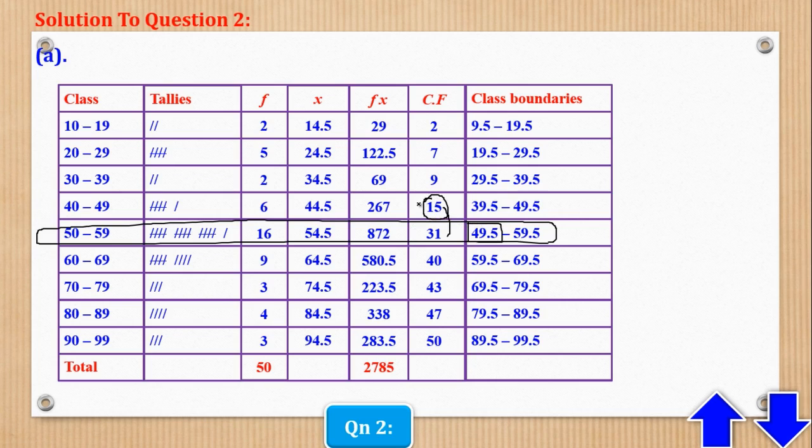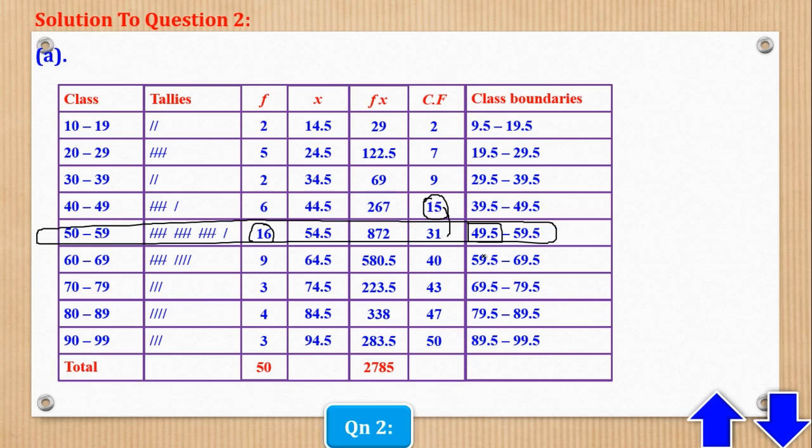Then we shall go to the frequency of the median class, which is 16, and then to the class width, which is the difference between the two class boundaries, 59.5 minus 49.5, to come up with 10. Now the class width can also be got from the class limits by saying 59.5 minus 50 to come up with 9. Then after getting 9, you have to remember to add on 1 to come up with 10. So those are the values of interest.